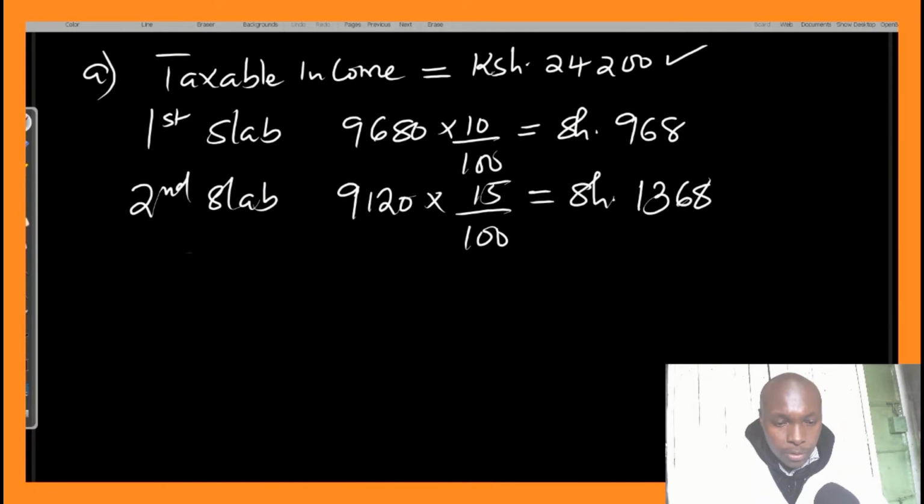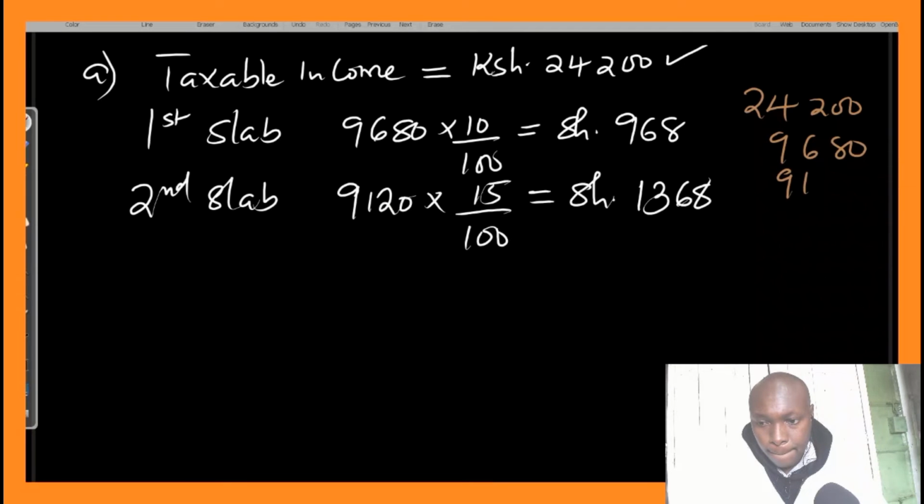So we need to get the amount of money that is remaining in the third slab. How do you do that? You just do it here. We get 24,200, then we subtract 9,680 and also 9,120 to see the amount of money that is remaining to be taxed, since it will not be the full amount in that slab.